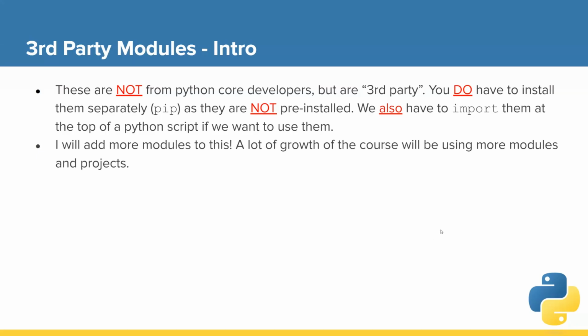Now, these are not written necessarily by the Python core developers, but they're provided by outside entities, individuals, groups of people, even companies. And we do have to install them separately using something called pip, which we will learn about in the next lecture, as they're not pre-installed.